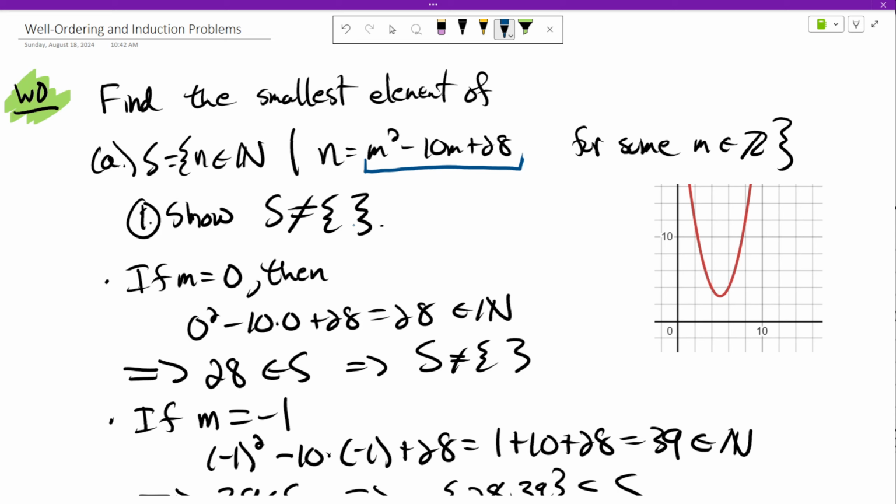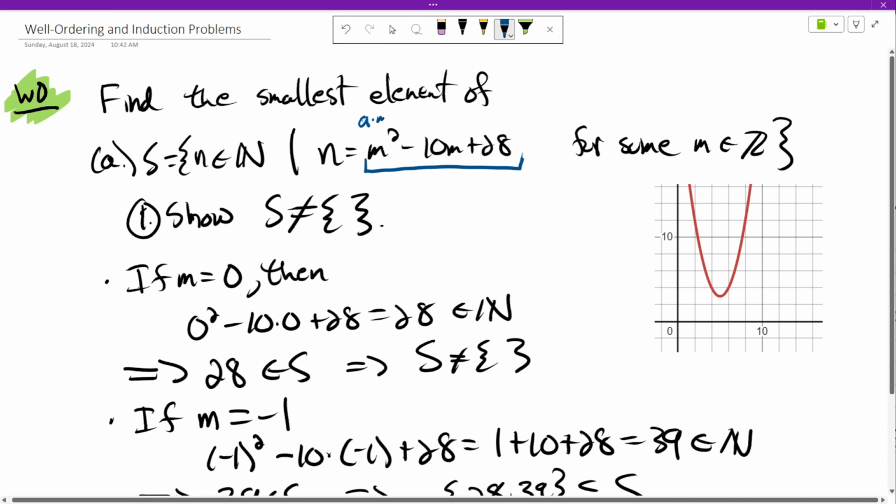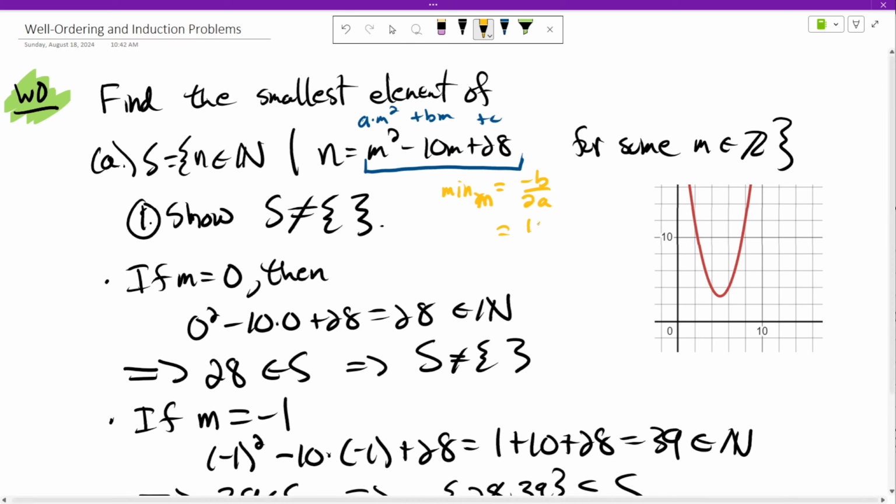And since it opens up, if this was like a times m squared plus bm plus c, the minimum happens at m equals negative b over 2a, from basic parabola graphing, or you can apply calculus or however you learned it. And so that's 10 over 2, which is 5. So the minimum for the parabola happens at 5. However, we need to check that when we plug in 5, what we get is actually a natural number.